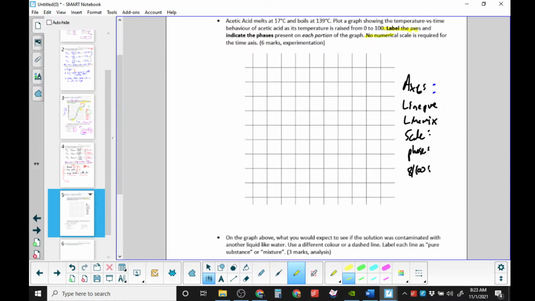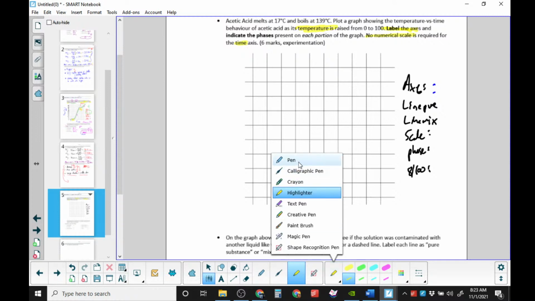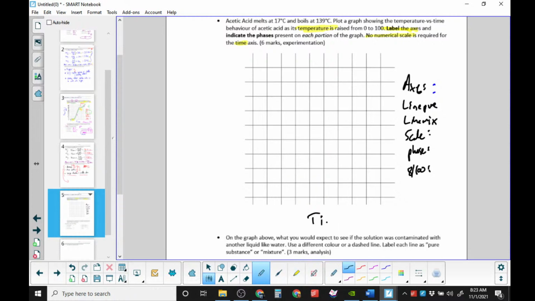And you didn't need a numerical scale for the time axis. You also know that it has to do with temperature. So the graph would be time on the bottom. You have to label time, temperature.